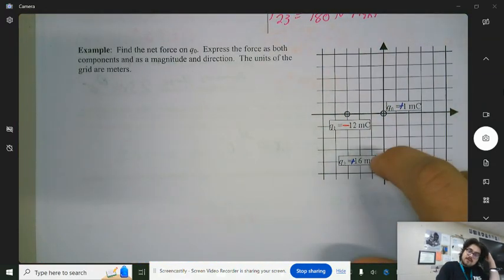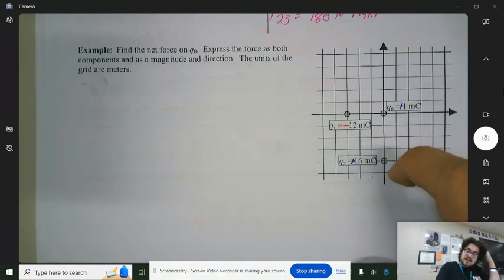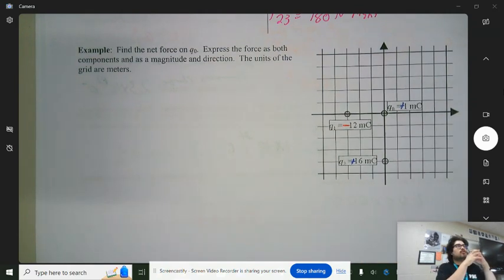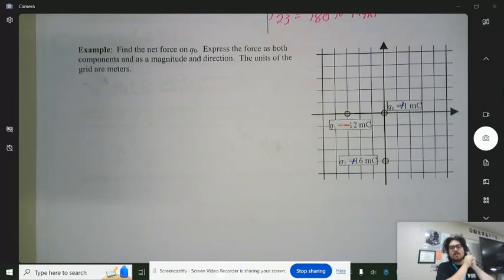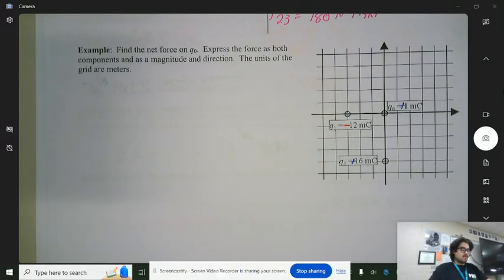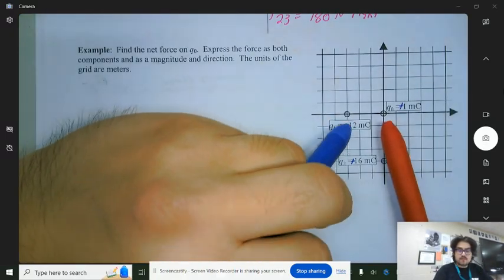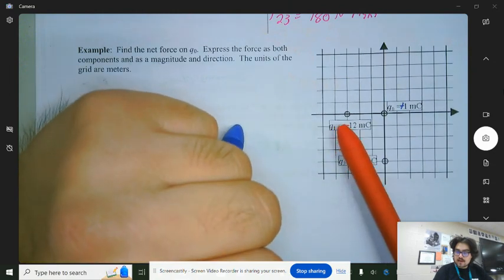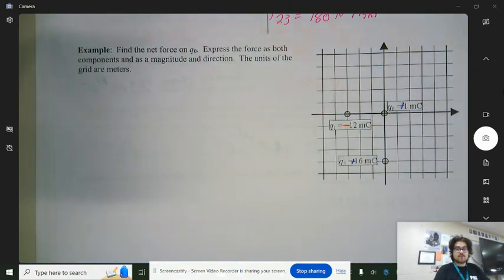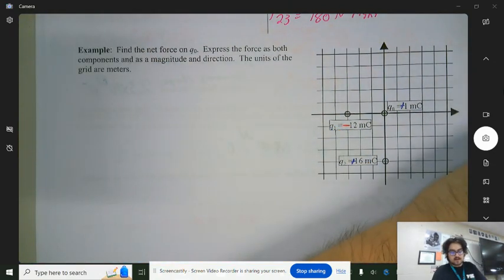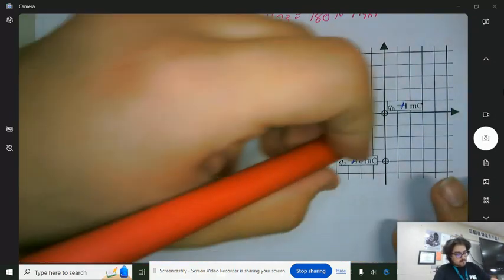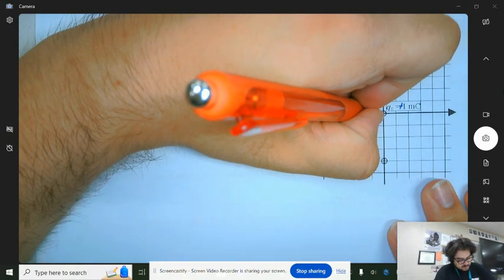Okay, now when you have this, okay, you need to figure out which charges are pulling and which charges are pushing on Q0, right? Well, you'll notice that Q0 and Q1 have an attractive force because they are opposite signs, right? So you have a force pointing to the left.